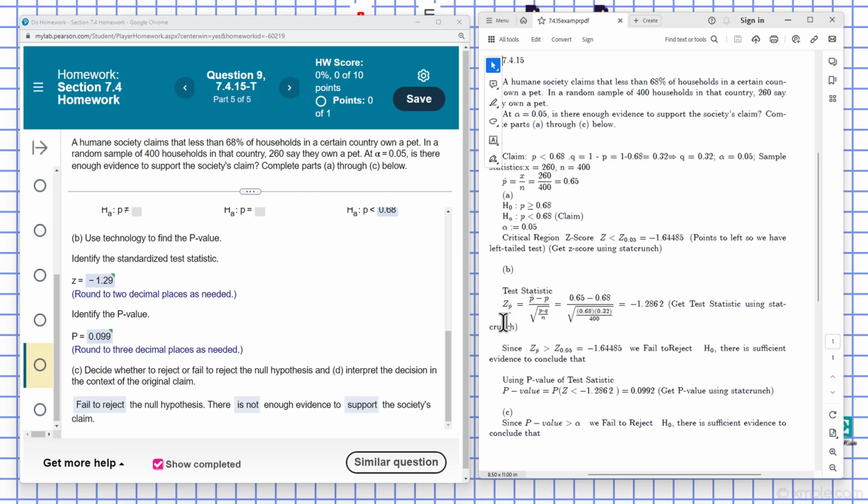You see that the test statistic is greater than the critical value, so we end up failing to reject. If we want to compare the p-values, we have the p-value here from StatCrunch. Comparing the p-values, we see that this p-value is greater than the level of significance, so we fail to reject it.